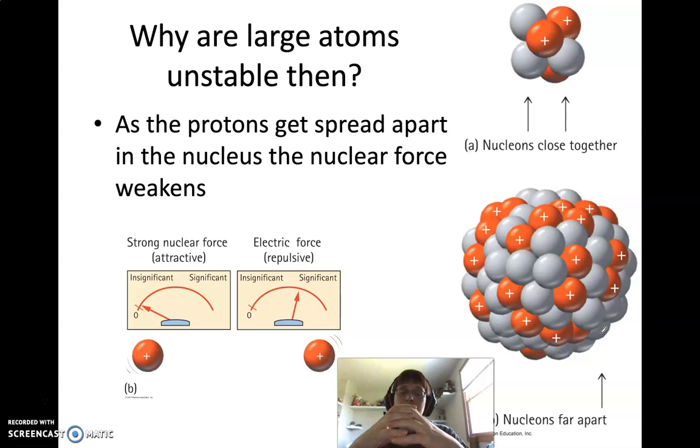As those protons get farther apart, the strong nuclear force weakens, and it's not going to be able to hold them together. They're more likely to get pushed apart by the electric force, where the 2 positives are repelled from each other.